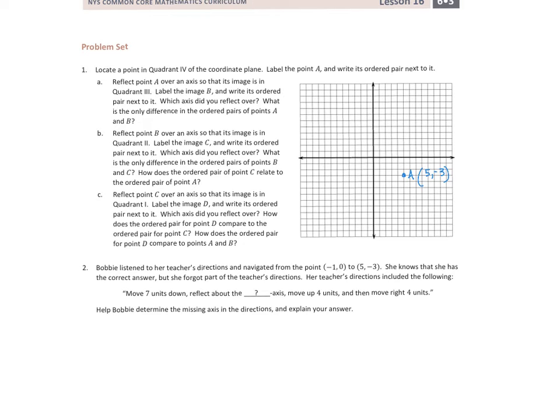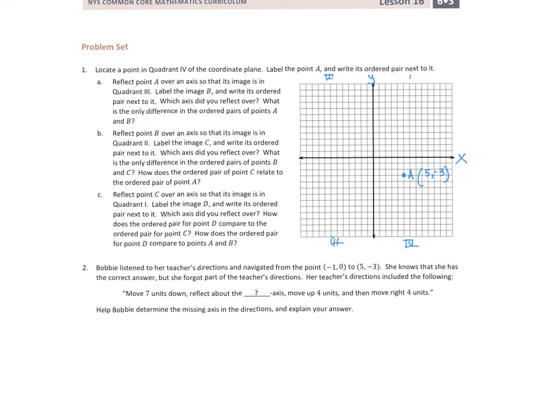Okay, did that. Then it says reflect point A. Here's my X and my Y axis too. So I got to reflect over an axis so that its image is in quadrant 3. So remember, this is 1, this is 2, this is 3, and this is 4. I got to get it over here, and I'm reflecting over an axis.